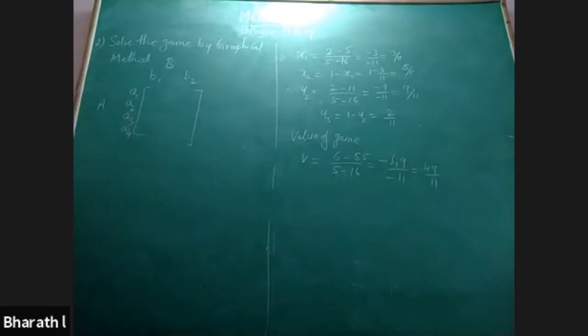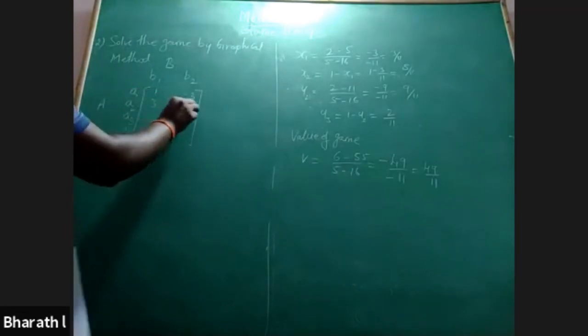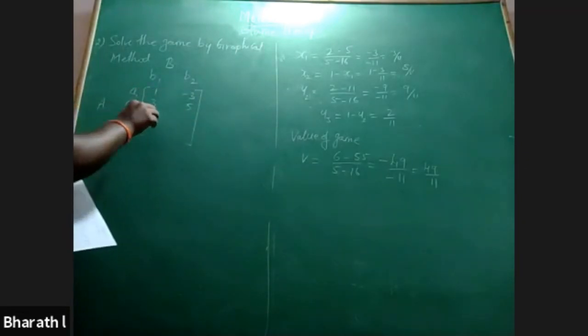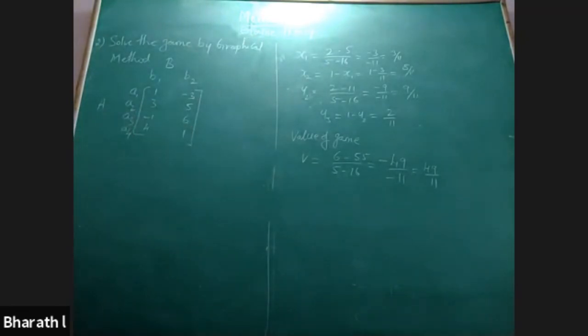This is for player A, and the elements given are 1, minus 3, 3, 5, minus 1, 6, 4, 1. Then next we'll go for the solution.